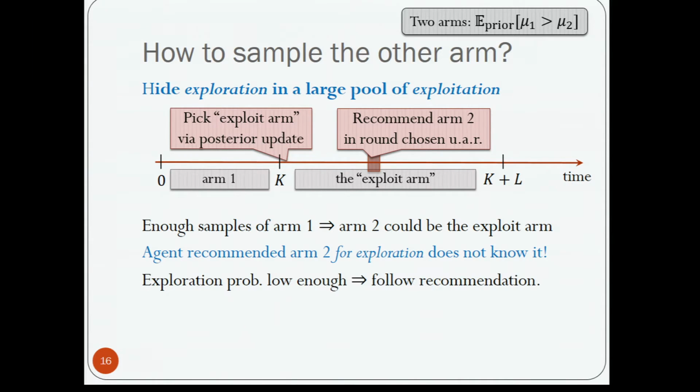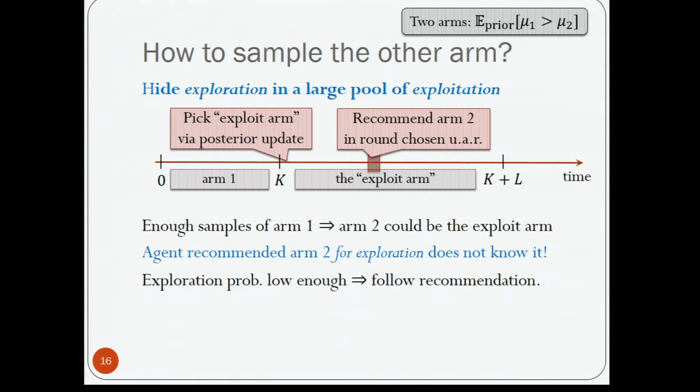So good, and then we use the fact that exploration happens with a low probability, and we can rig it so that the agent actually wants to follow the recommendation, because he knows that exploitation was way more likely, and it outweighs the downside of exploration.